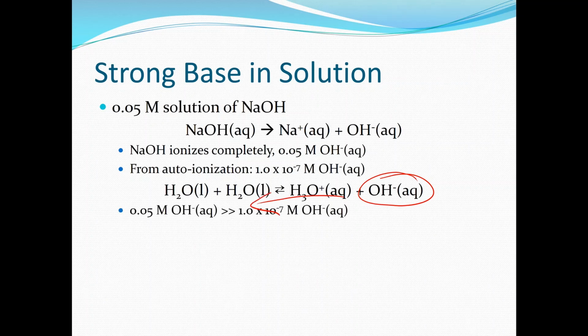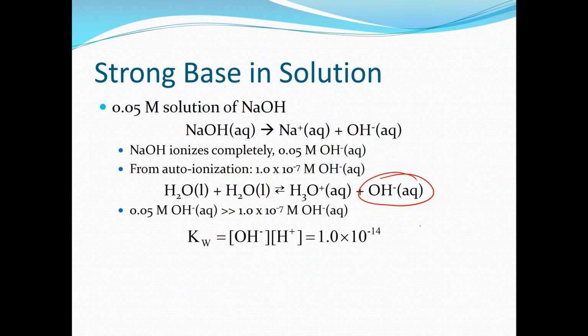And so we know that the 0.05 molar hydroxide that we're starting with from the NaOH is much bigger than the contribution that came from the water. And again, because it's going to decrease when we drive back towards the reactant side, we know it's even smaller than 10 to the negative 7th, and still 10 to the negative 7th plus 0.05, we're still effectively just going to have 0.05 as our concentration.